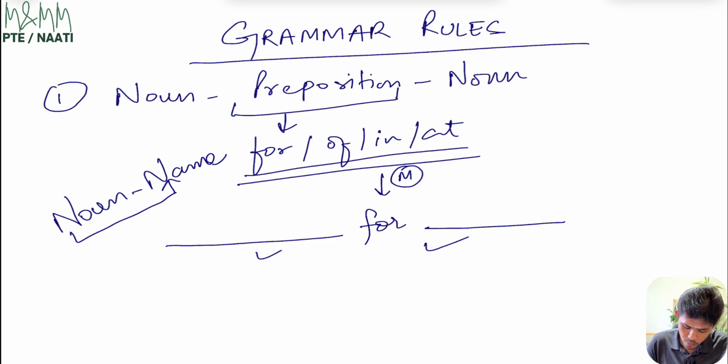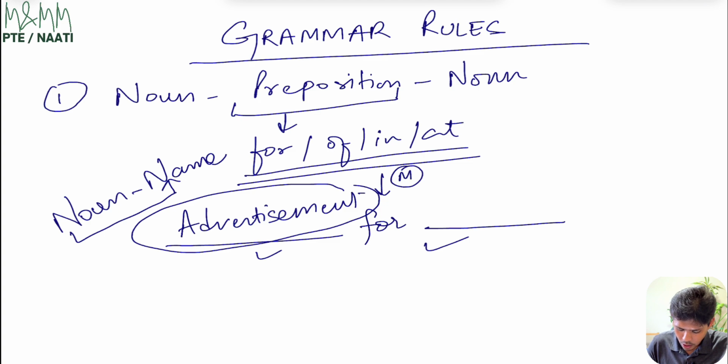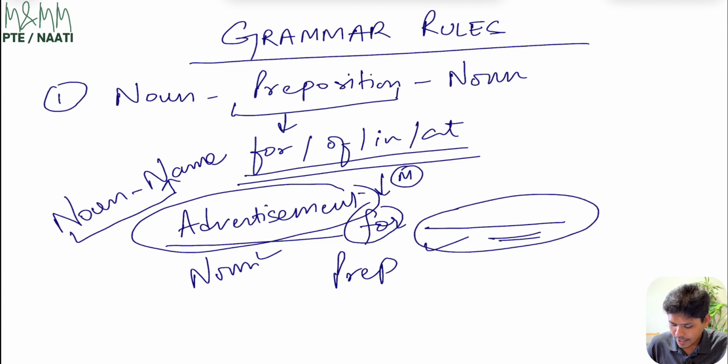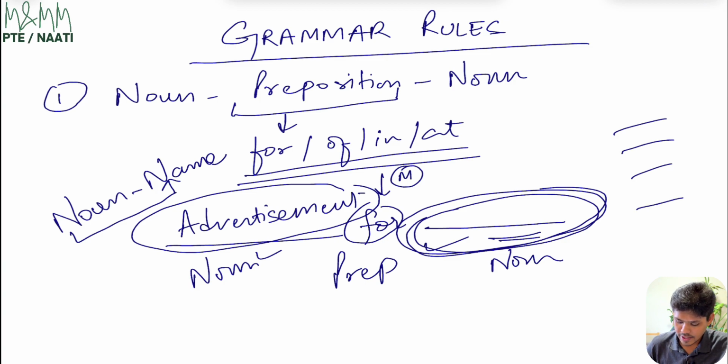So now let's say over here it says "advertisement," which is a noun. So when I know that there is a word which is a noun, then comes a preposition, and then there is a blank, this blank has to be a noun based on the noun, preposition, noun rule. So something that is name related. So "advertisement for," you may have a few options in the exam.